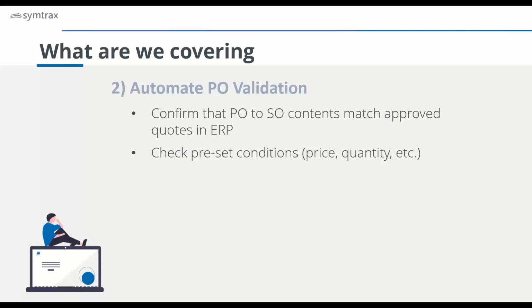Things like pricing, quantities, etc., need to be measured against the documents coming in, so that we can track that information and metadata within your ERP as well. And then identifying any errors and notifying ERP users.